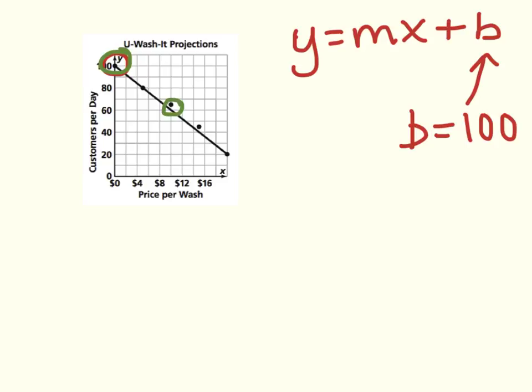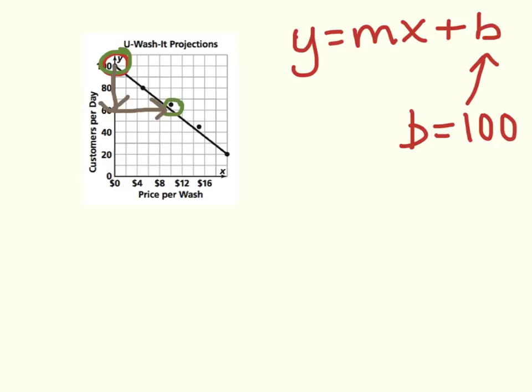Now I can use a slope triangle to help me find the slope. To get from the first point that I circled to the second point, I have to travel straight down, and then I also have to travel over to the right. All I have to figure out is what the rise is and what the run is for that slope triangle.